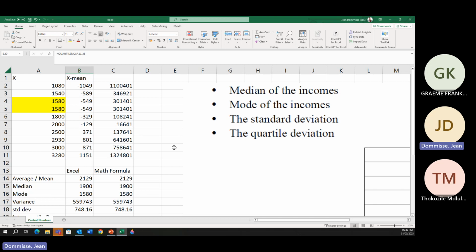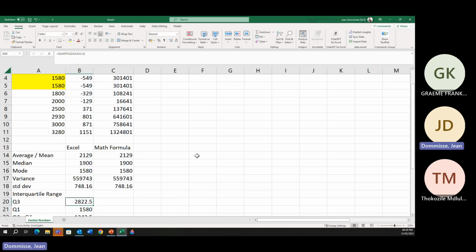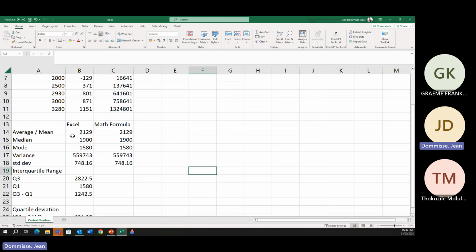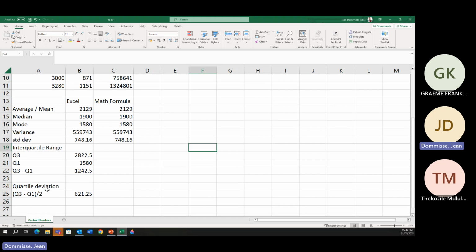I'm going to take that out, but it looks at average, median, mode, variance, standard deviation, your interquartile range, and then quartile deviation as well. I'll share it back onto the group so that you also have it to assist you.